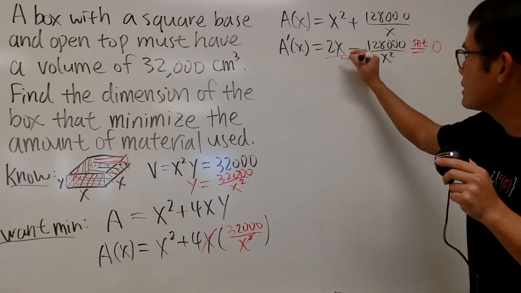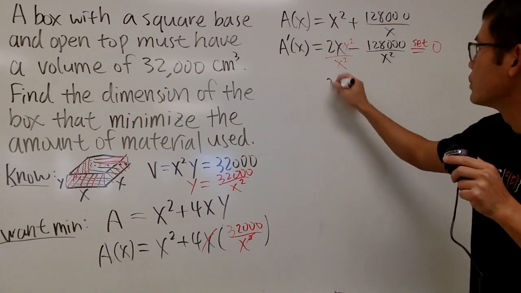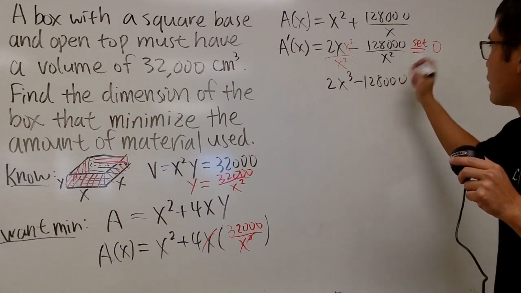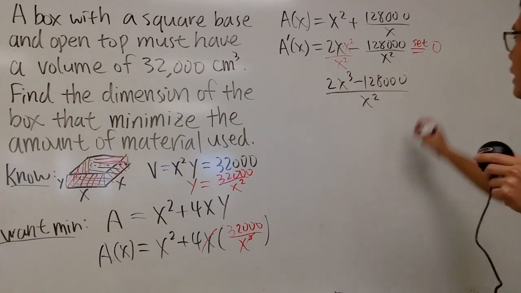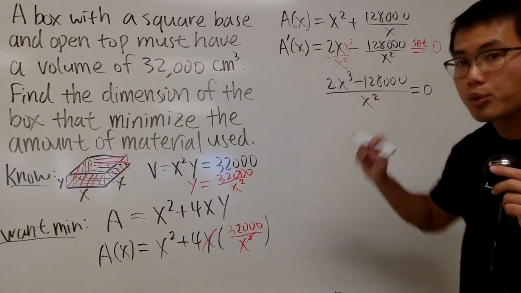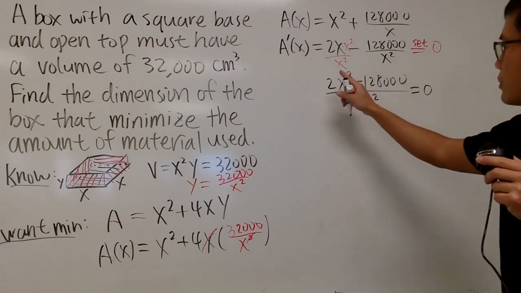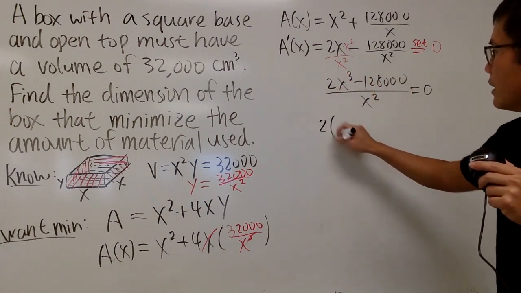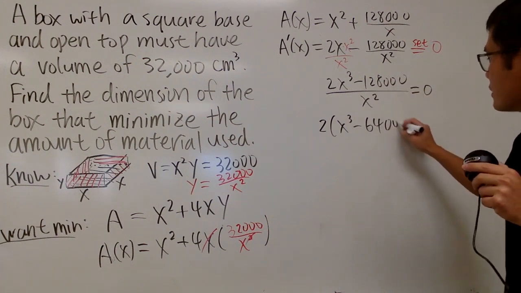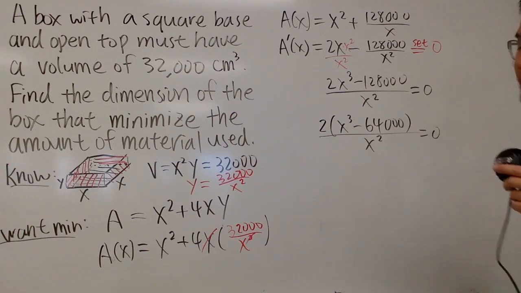Let me multiply by x squared, so we can see this is 2x cubed minus 128,000 over x squared, and it has to be equal to 0. Again, this is for A prime. First, let me factor out 2. So we have 2 times x cubed minus 64,000, all over x squared, equal to 0.